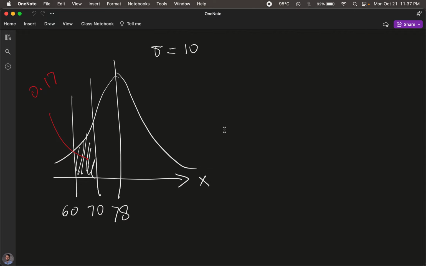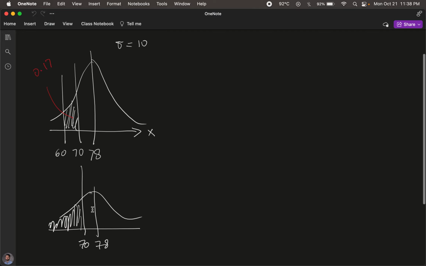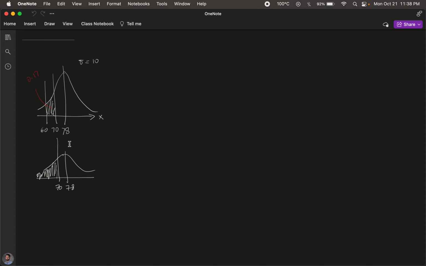First would simply be to set this up and recognize that this 70 corresponds to a region. I'm going to shade this region and say anything less than 70 corresponds to this entire region, and something less than 60 corresponds to another region.